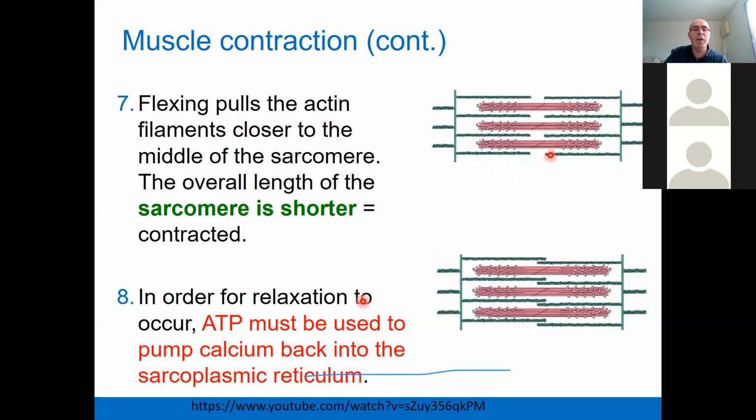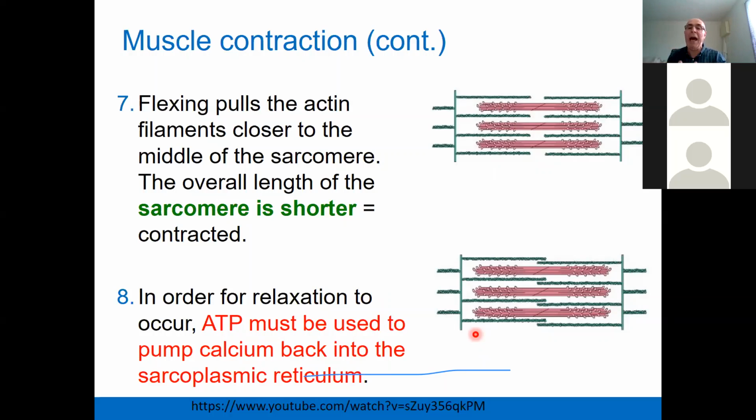In order for relaxation to occur, ATP must be used to pump calcium back into the sarcoplasmic reticulum, okay? Once the calcium is attached to the troponin, the contraction is continuing, okay?